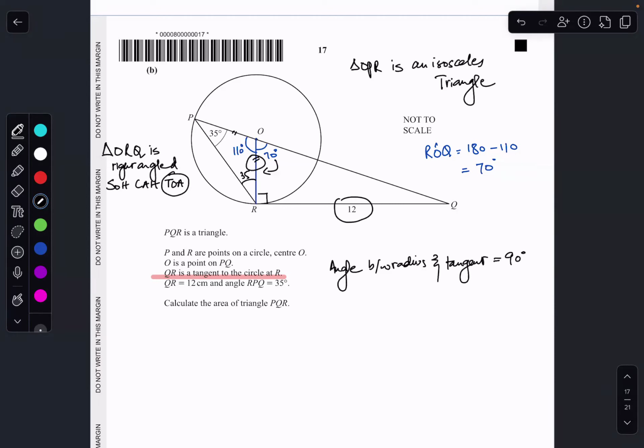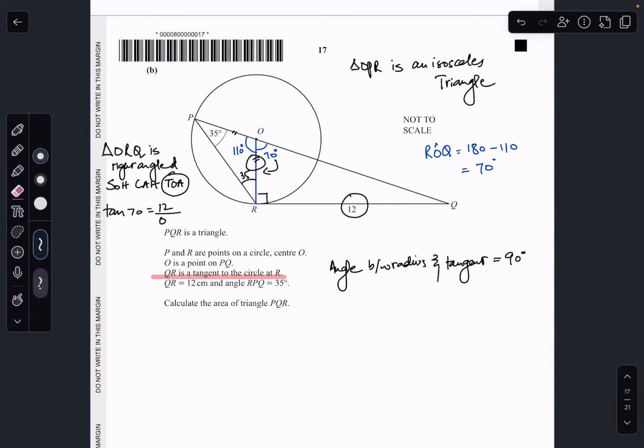Rehan, which should this be? Tan, cos, sine? We have the opposite. We need the adjacent. So tan. Tan of 70 should be equal to 12 over OR.